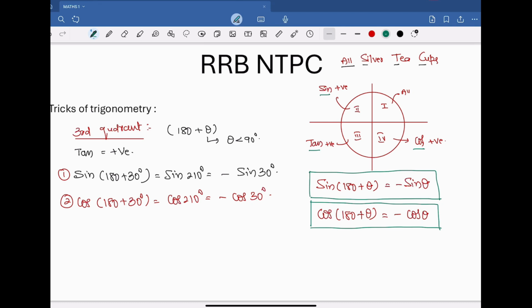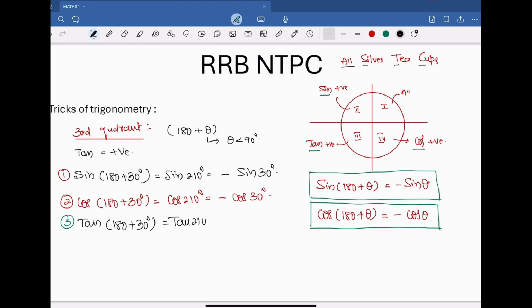Then what about the other? Tan 180 plus 30, tan 210, that is equal to, tan is positive in the third quadrant, that is tan 30.